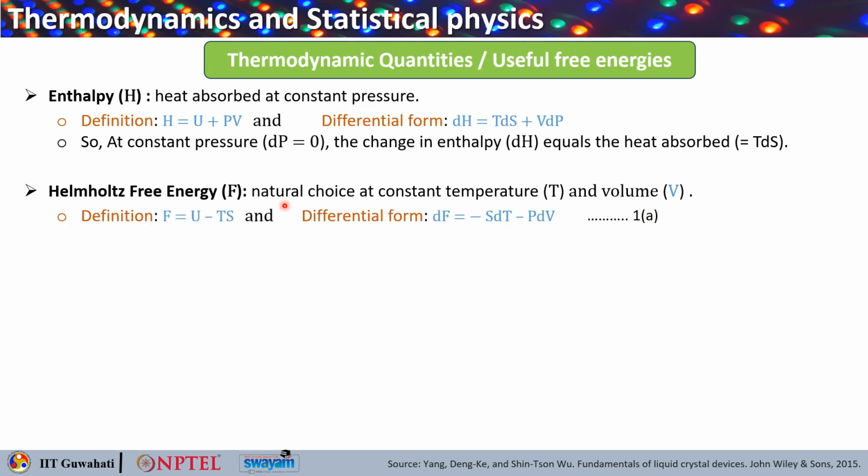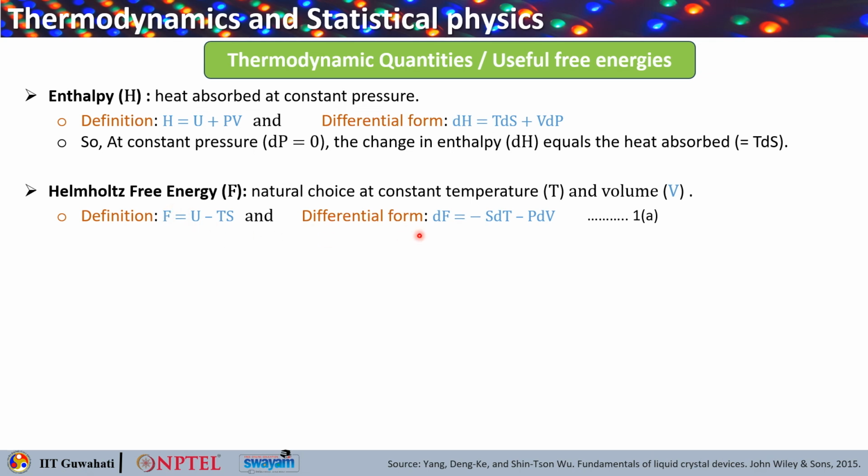So, it is basically defined as F equals U minus TS, where U is basically the internal energy, T is the temperature, and S is the entropy, right. So, it basically represents the portion of internal energy not lost to the disorder. Okay. So, it is often called the work function as well.